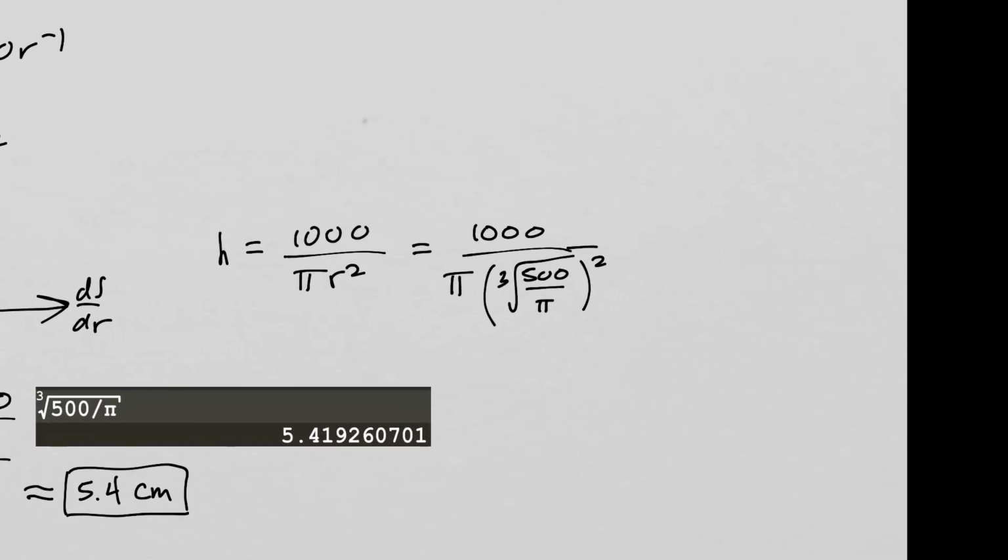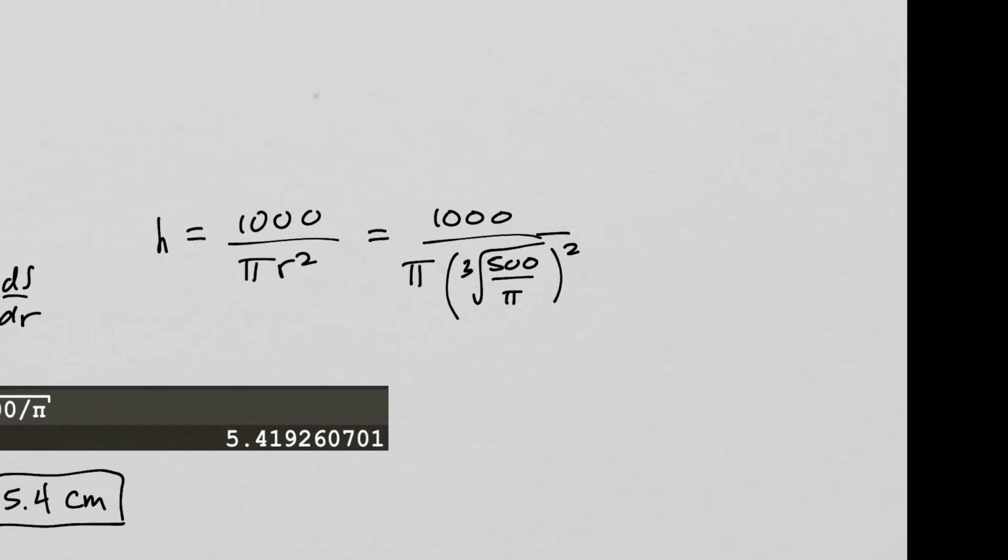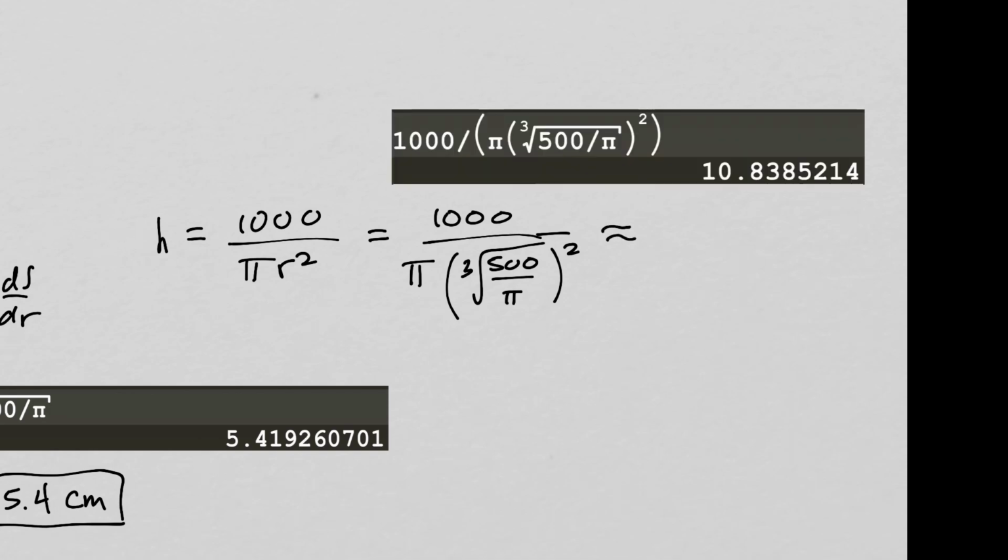And this is a truly horrific number here. This can be simplified, but in the interest of time here, I'm just going to plug it into a calculator to get an approximation. And as you can see here, this number is approximately 10.8 centimeters.